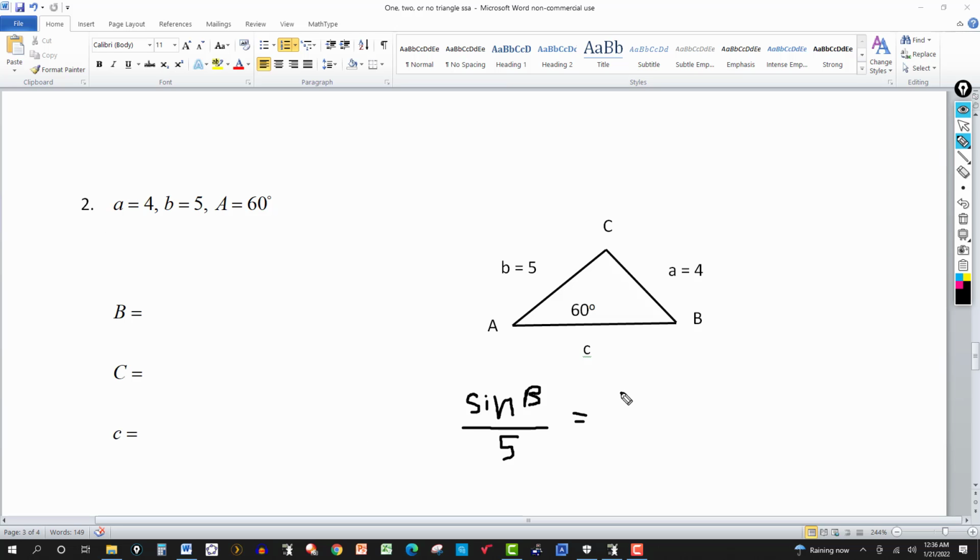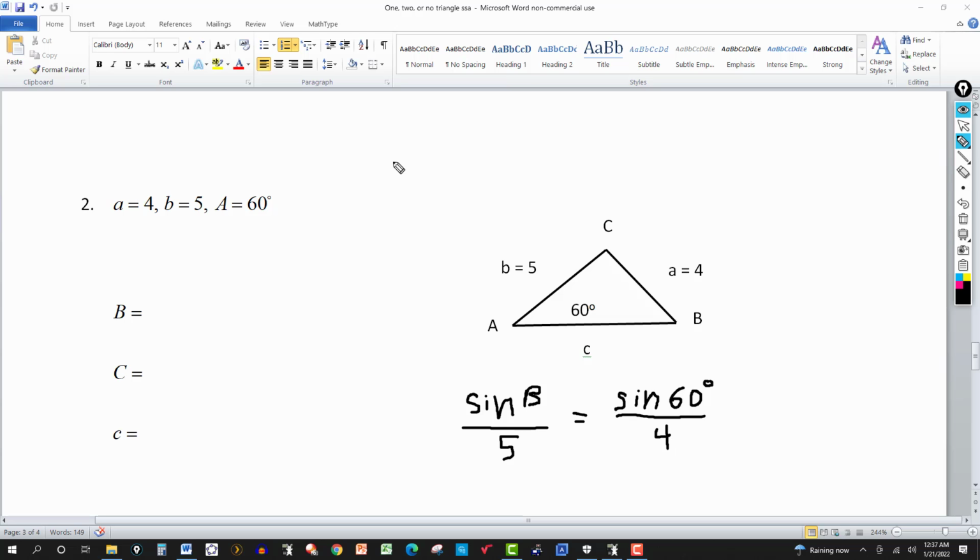Okay, so 60 degrees is given, so I have the sine of 60 degrees over the length of the opposite side. So the side opposite angle A is 4. So now I solve for B.